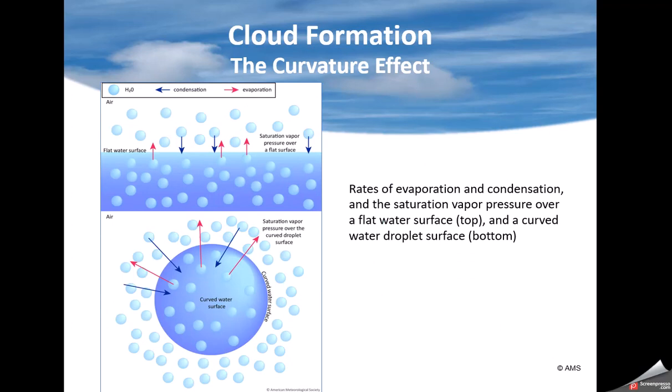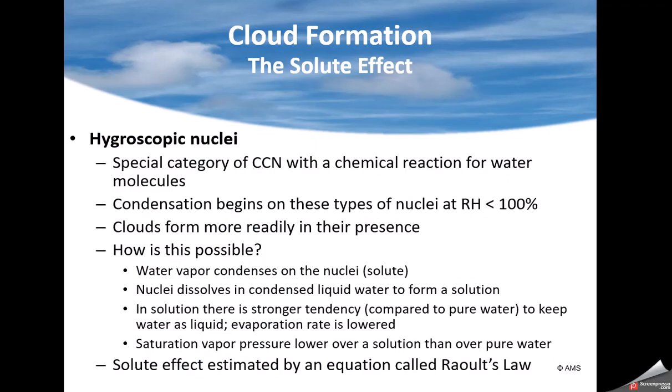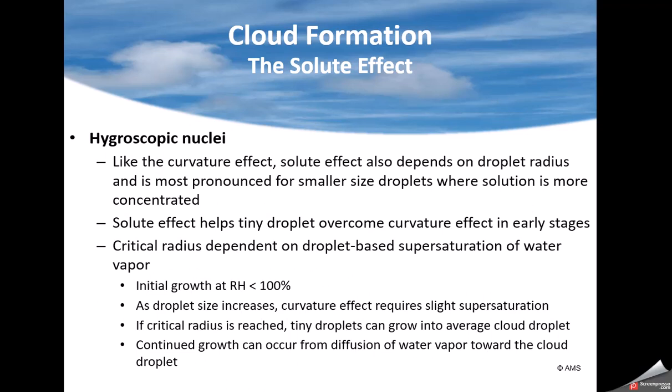And here you see the example of all that. So with that, we have the solute effect, which is what I did, and how it requires supersaturation, except that it doesn't because of this dust. So every raindrop and every droplet in a cloud has a little bit of dirt in it, we'll say.